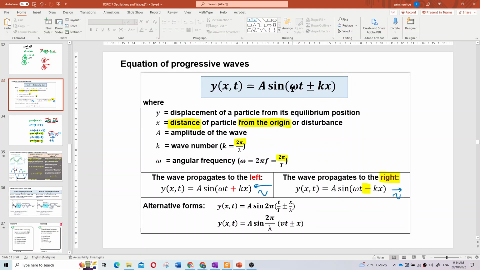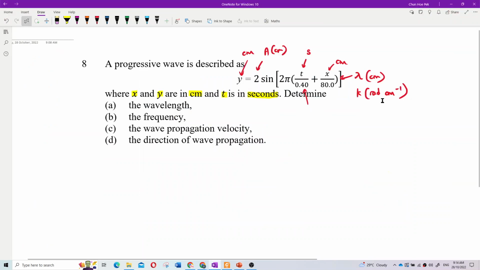Time is related to omega, and omega is related to period, so the period is also in seconds, and omega is radian per second.